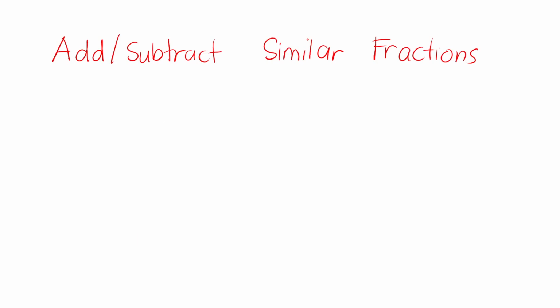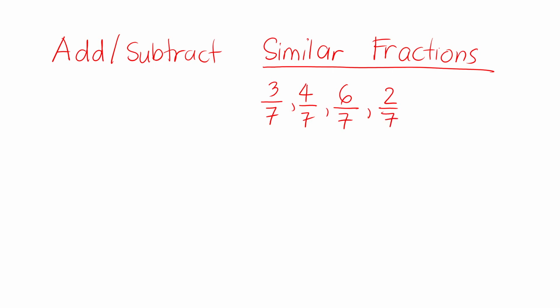Okay, let's proceed to addition and subtraction. What does similar fractions mean? When I say similar fractions, look at the examples: 3 over 7, 4 over 7, 6 over 7, 2 over 7.